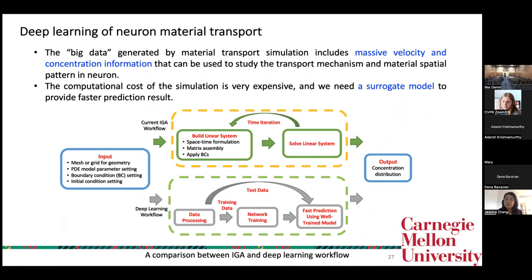And for the deep learning workflow, you can collect the training data, use a neural network to train, and then using the trained model, you can quickly give the prediction.